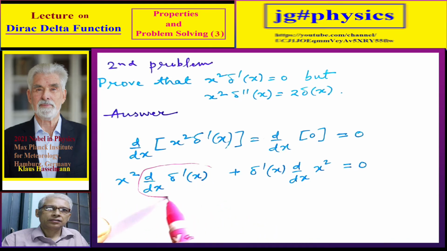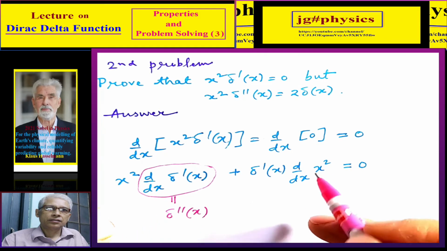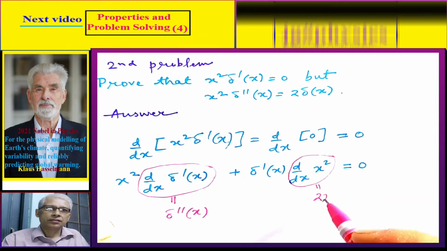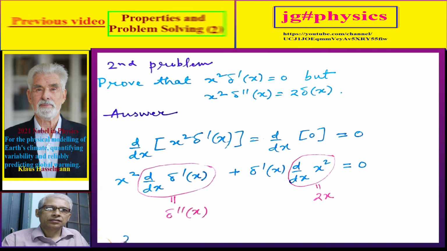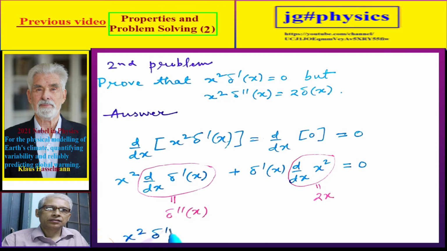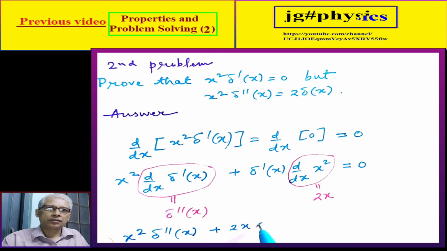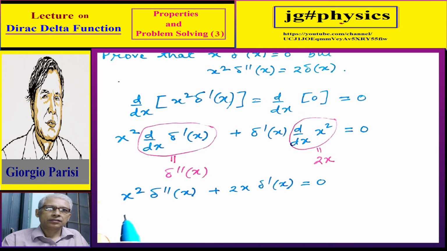Now d dx of delta prime of x can be designated by delta double prime of x, it being the double derivative, and d dx of x square is twice of x. So let us write it as x square delta double prime of x plus 2x delta prime of x equal to 0.